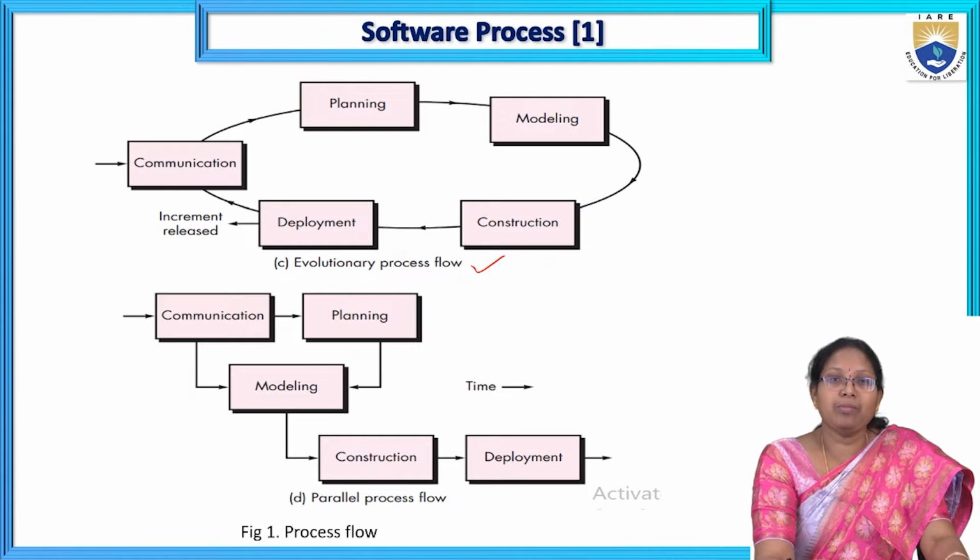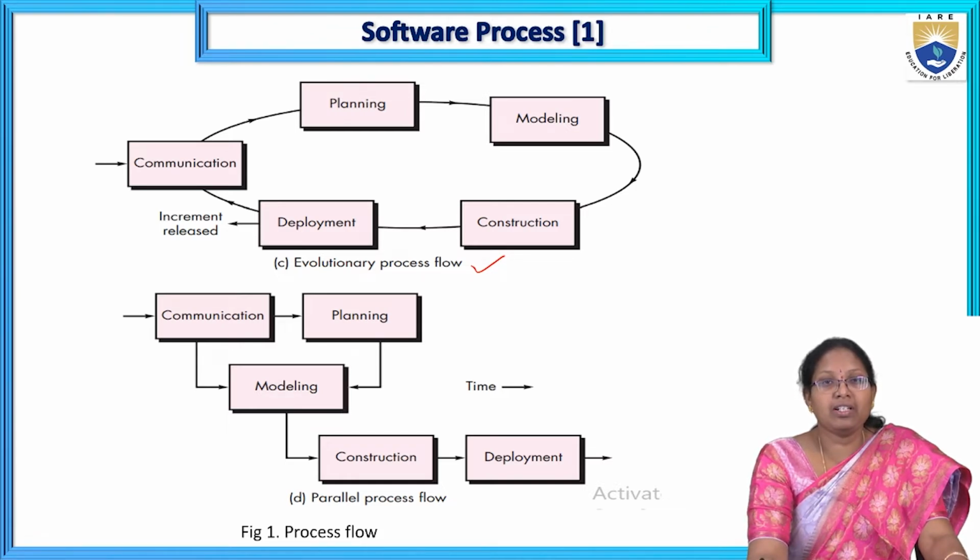Evolutionary process flow. That means suppose some different kinds of projects have different modules, and we have to do them incrementally. The first module contains all the phases: communication, next planning, next modeling, next construction, finally deployment. The first phase of activities is over for one module, then go for the next module.